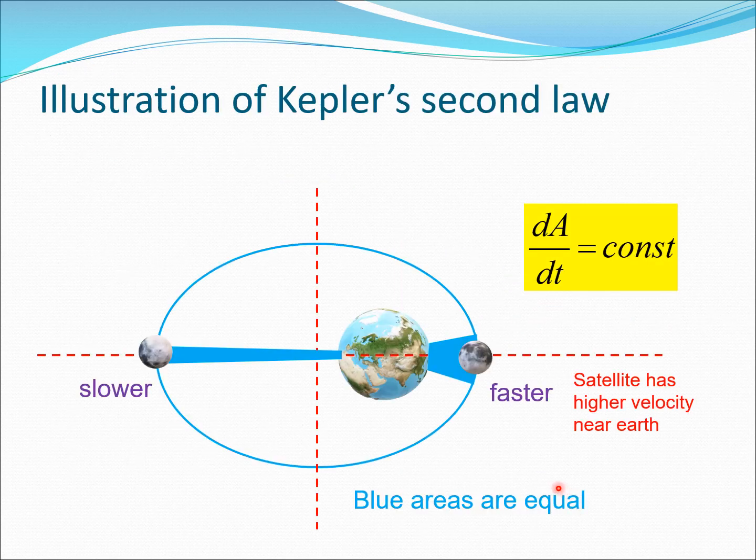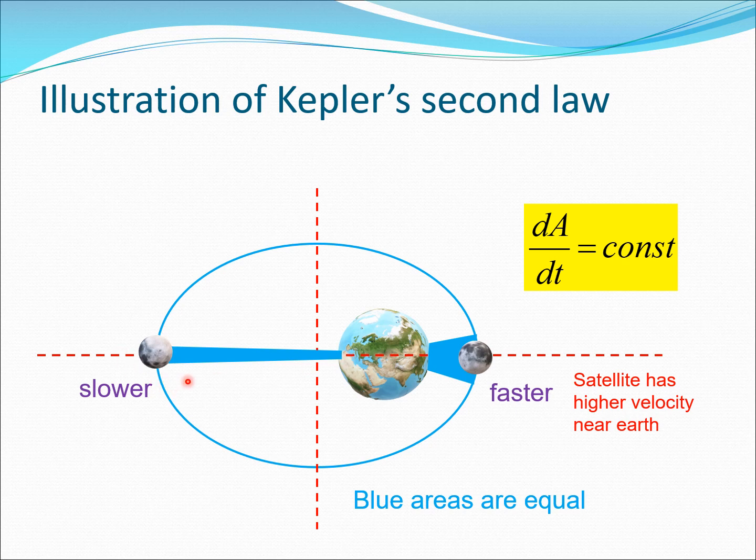Now, what does Kepler's second law mean? We can try to visualize it. For example, let's take the Earth here and let's take an orbit of the moon around the Earth. Let's say the moon is the satellite here. What happens is that the satellite is going to move faster whenever you are closer to the Earth, and it's going to be slower when you are at some distance from the Earth.